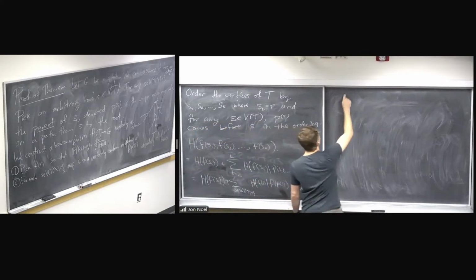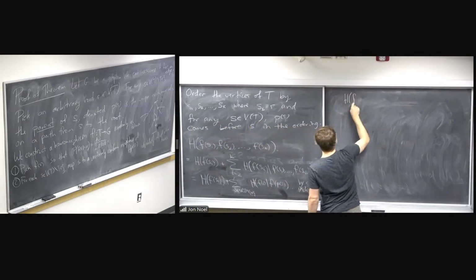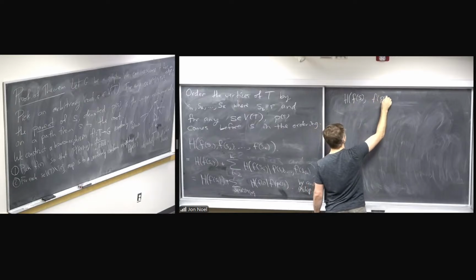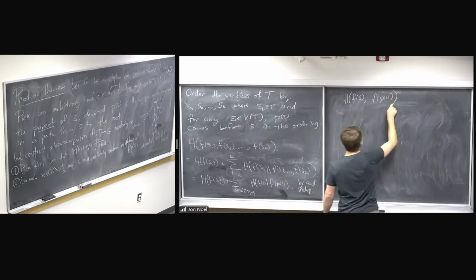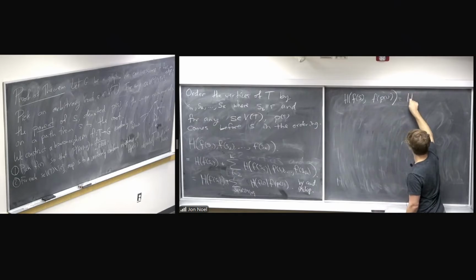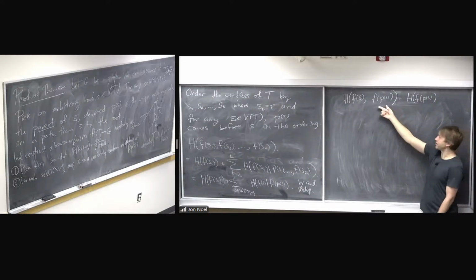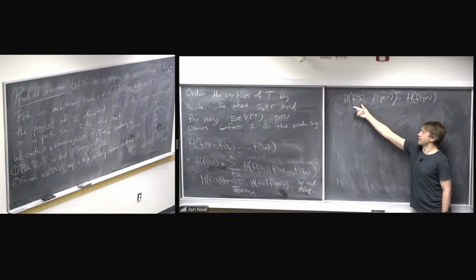So what do I mean by that? The chain rule would tell me that the entropy of the pair f of s, f of p of s, is equal to, so I'm separating out this one and then doing this one given that one.